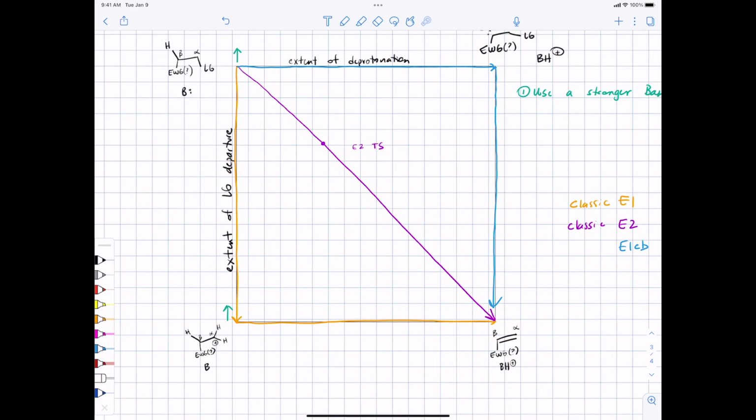All right? Now remember, along the diagonal, raising and lowering the corner has the Hammond effect. That is, if I raise the energy of the starting materials, one of the effects I'm going to see is that the transition state is going to move towards starting material. It's going to get earlier because the starting material is closer in energy to the transition state.